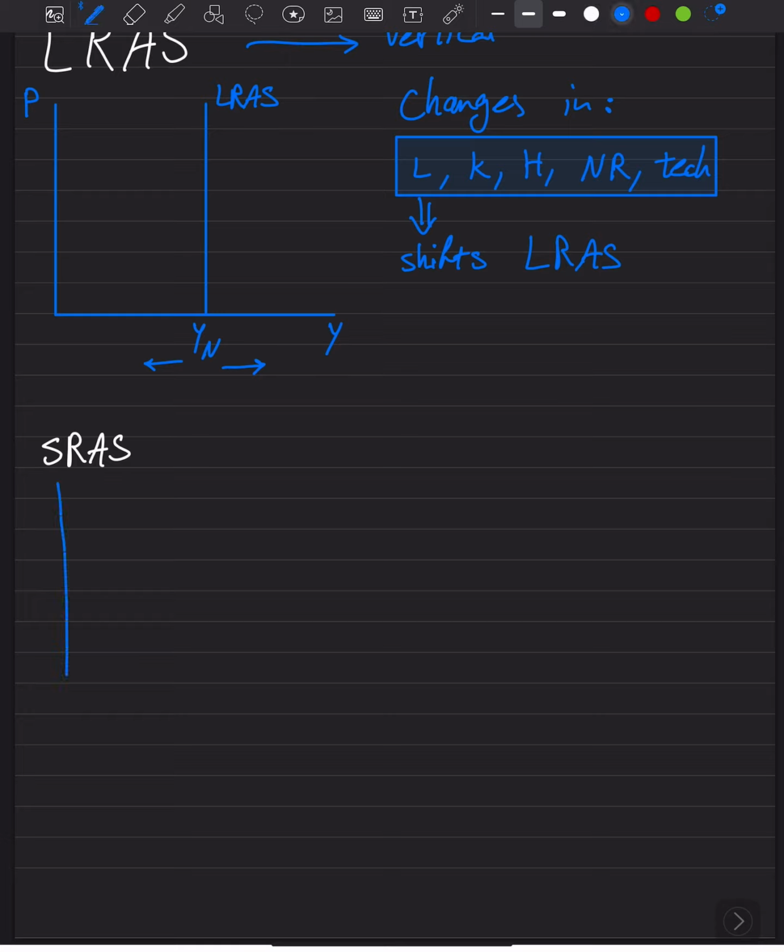So, this upward slope of short run aggregate supply is because of the stickiness of the prices and wages. And we have a positive relationship between the output and the level of the prices, showing it with the short run aggregate supply.